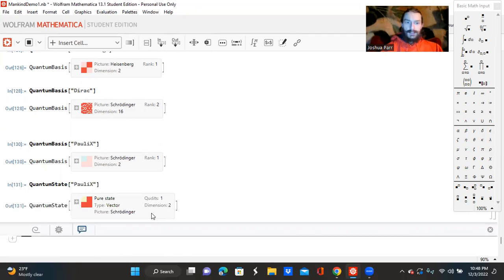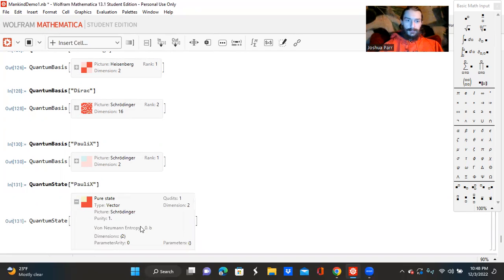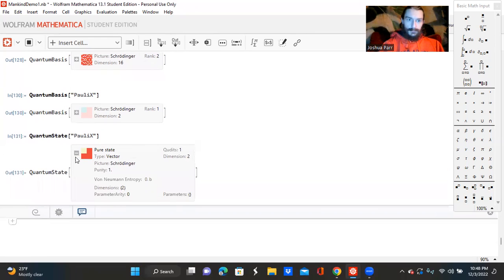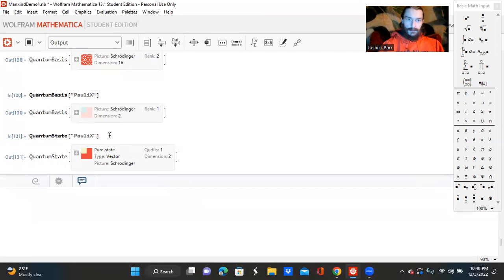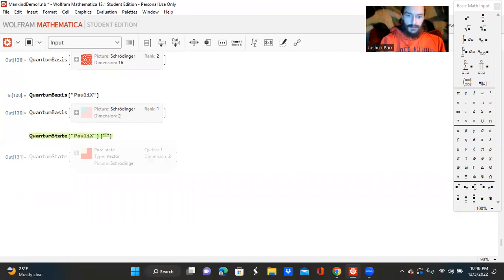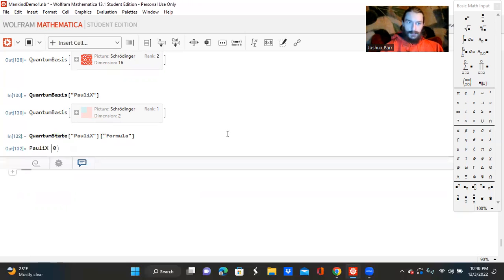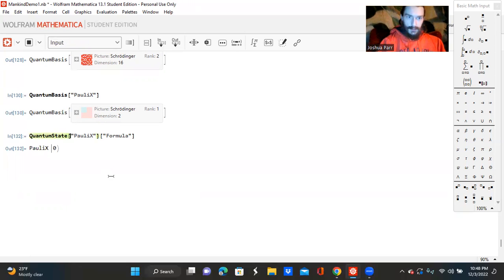And now I have a pure state Schrodinger vector, a two-dimensional, one-qubit pure state Schrodinger vector. So now what if I go like this?